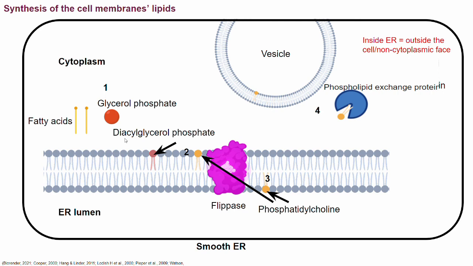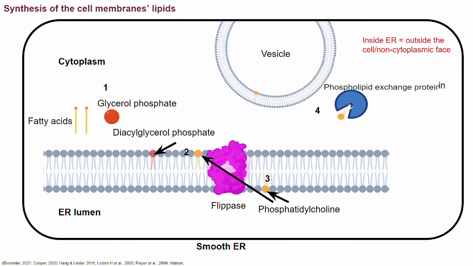So the diacylglycerol phosphate is produced after the reaction takes place between these two. Now, this will basically bind itself to the membrane of the smooth ER. Now, depending on what the cell wants, so depending on the final product, the next step takes place.